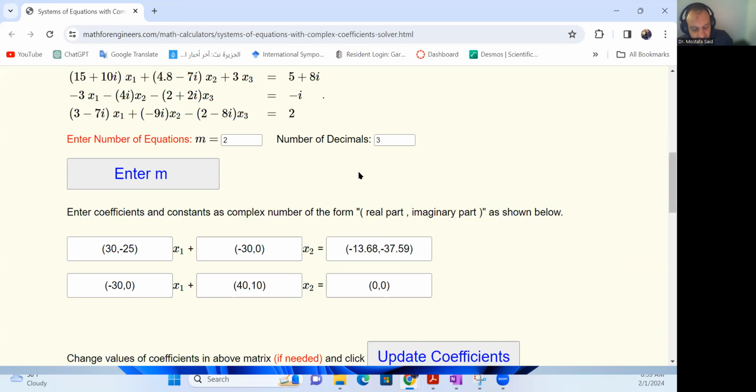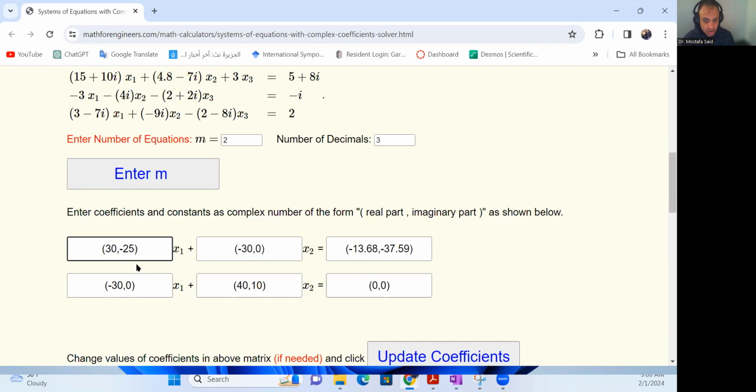Because we agreed in the last videos that 3 is good, or even 2, that's fine as well. Each coefficient in the equation, you put in that way. Remember, it's a complex number. A complex number has a real part and an imaginary part.